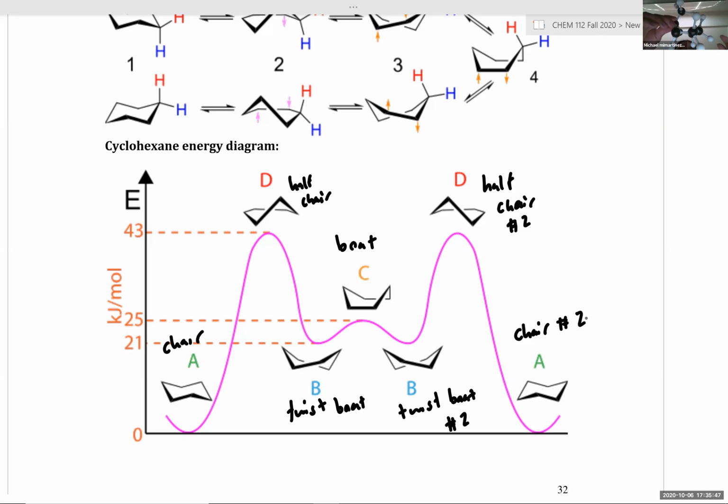Then we're going to bring carbon number 4 up and adopt a twist boat conformation, which looks something like this.